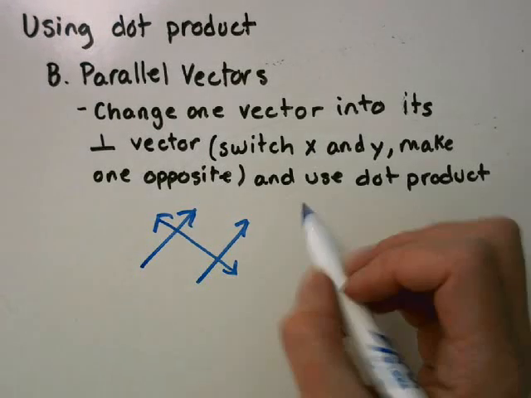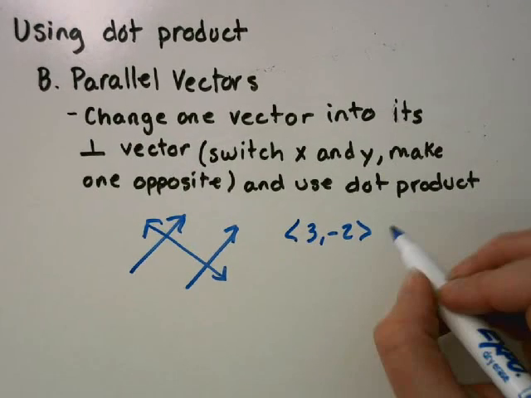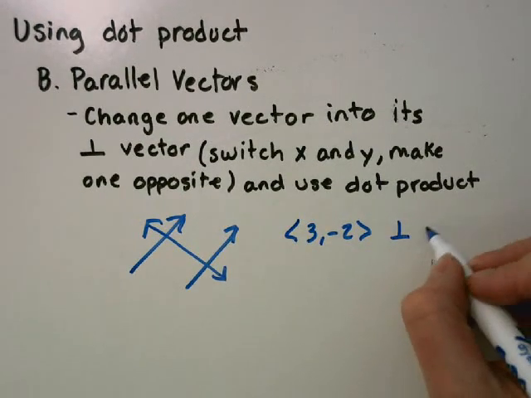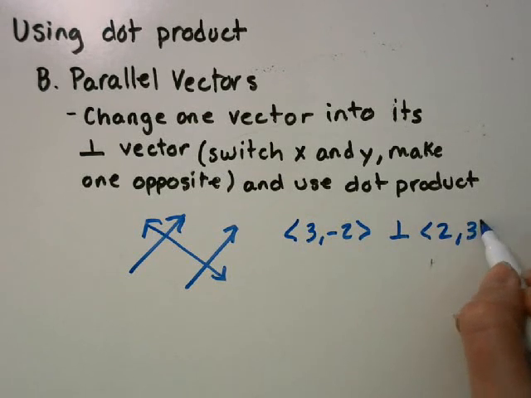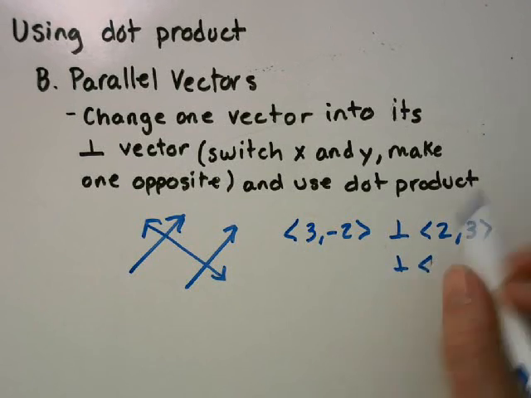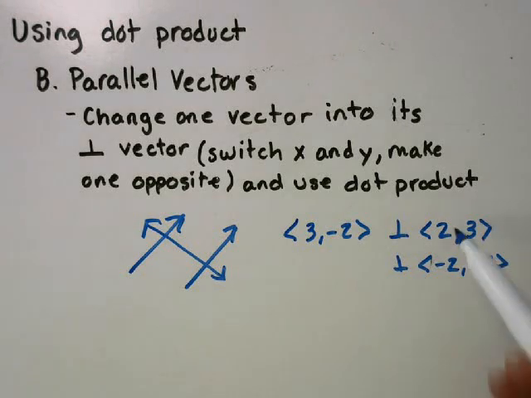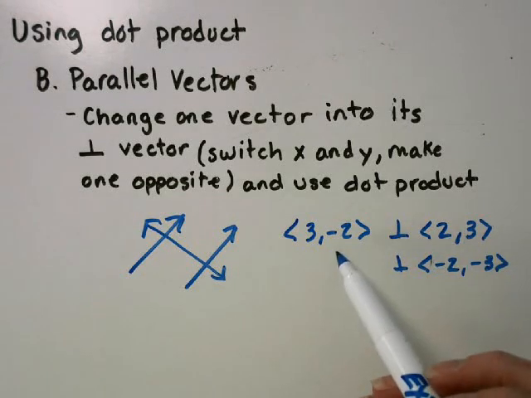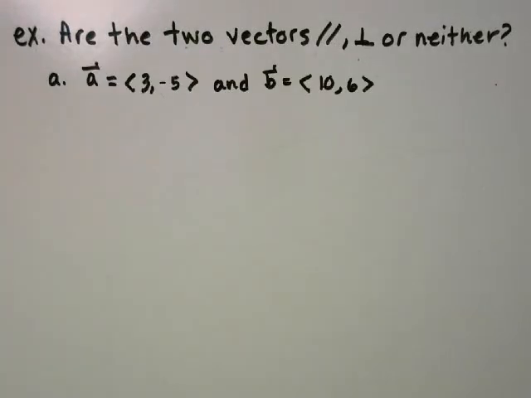So let's say I had a vector (3, -2), and I want to create a perpendicular. Perpendicular to this, I can switch the x and y and make the 2 opposite, or I can switch x and y and make the 3 opposite. So these would both be perpendicular to this vector. Now I'm going to give you two vectors, and you're going to decide: are the two vectors parallel, perpendicular, or neither?